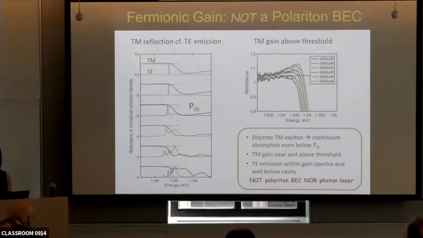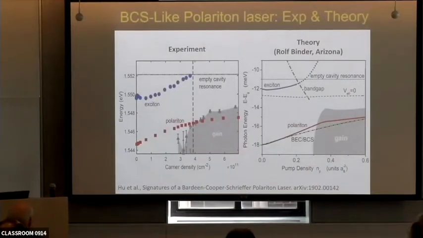But we can put it on a bit firmer ground theoretically, and that is we have to resort to our collaborators. Rolf Binder at Arizona worked for years on this problem because I wasn't crazy enough to start from looking for BCS. We started with a very humble motivation, just to want to understand better the blue shift.